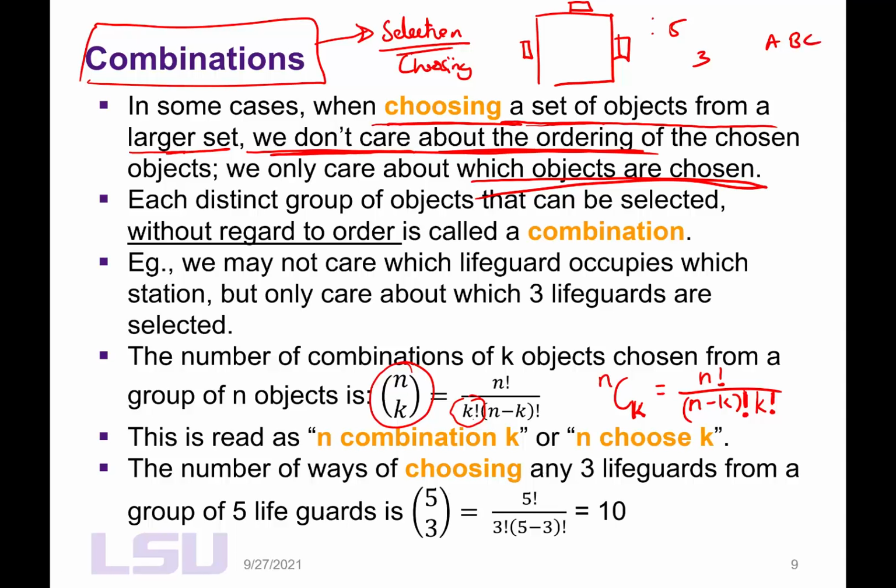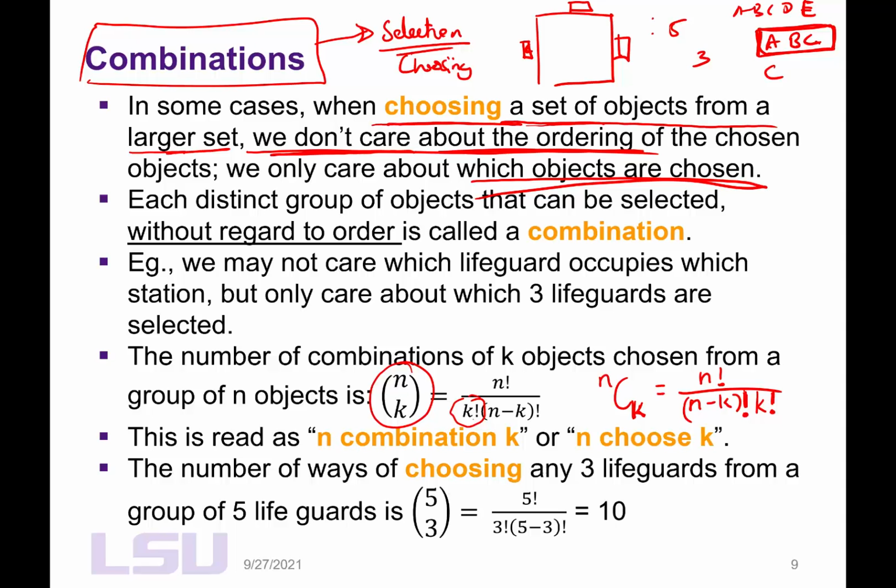Or is it lifeguards B, D, and E? So if you choose 3 lifeguards out of A, B, C, D, E, those are the 5 possible lifeguards, right? If you choose A, B, C, that's all that matters. We don't care whether it's C sitting in the first position, or B sitting in the first position, or A. What we care about is the basket of the 3 lifeguards.